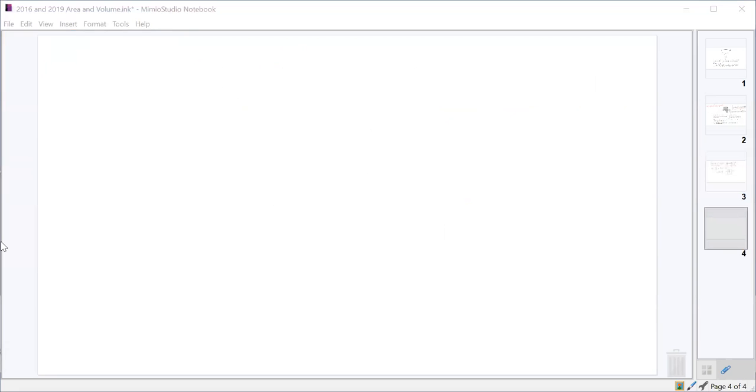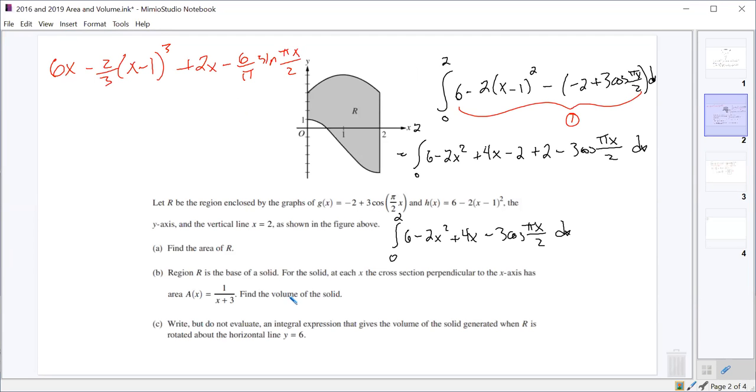All right, let's look at part B. So for B, region R is the base of a solid. For the solid at each x, the cross section perpendicular to the x-axis has area 1 over x plus 3. Okay, so all that's telling us is that it doesn't tell us the shape, it just tells us that the area itself is 1 over x plus 3.